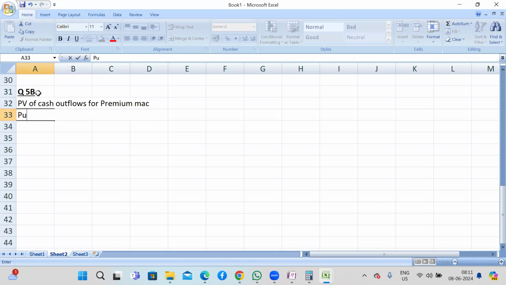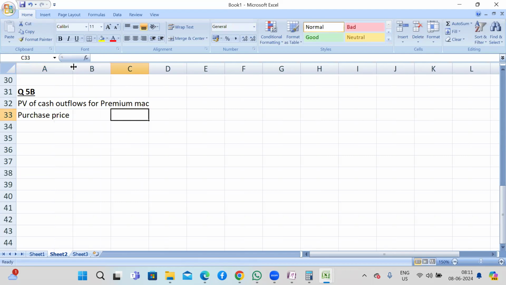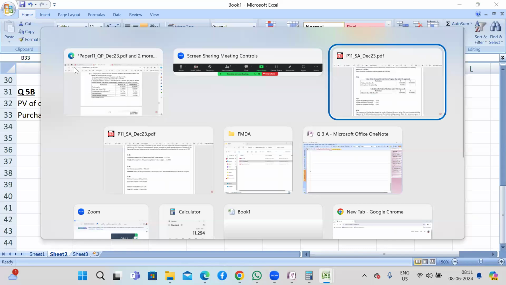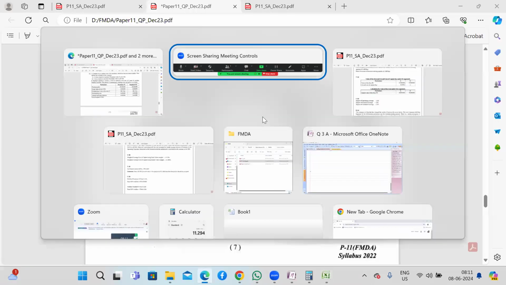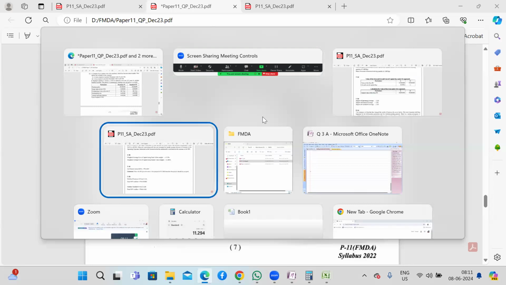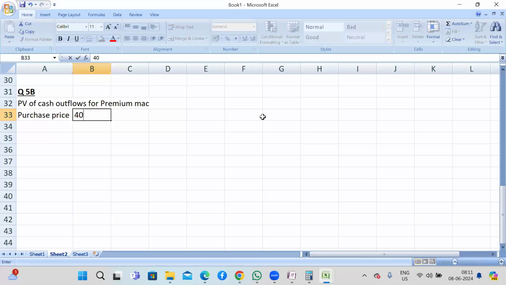So purchase cost, that is purchase price, that is 40 lakhs. After that, we will be having annual repairs, right?